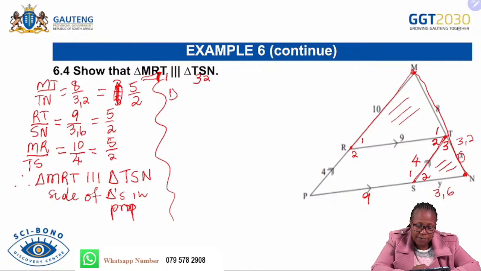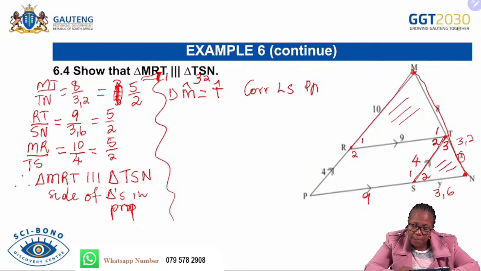We can have the first angle M equal to angle T3 because of corresponding angles, where PM is parallel to ST. Can you see those parallel lines? Yes, therefore this angle is equal to that one.